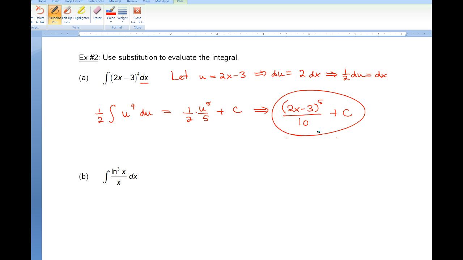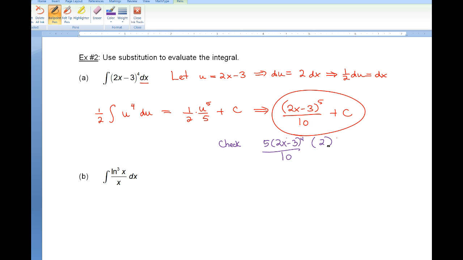But is that what we started with? Say we have y equals (2x minus 3) to the 4th. If you want a quick way to check your answer, take the derivative of this. That'll be 5 times (2x minus 3) to the 4th times 2.